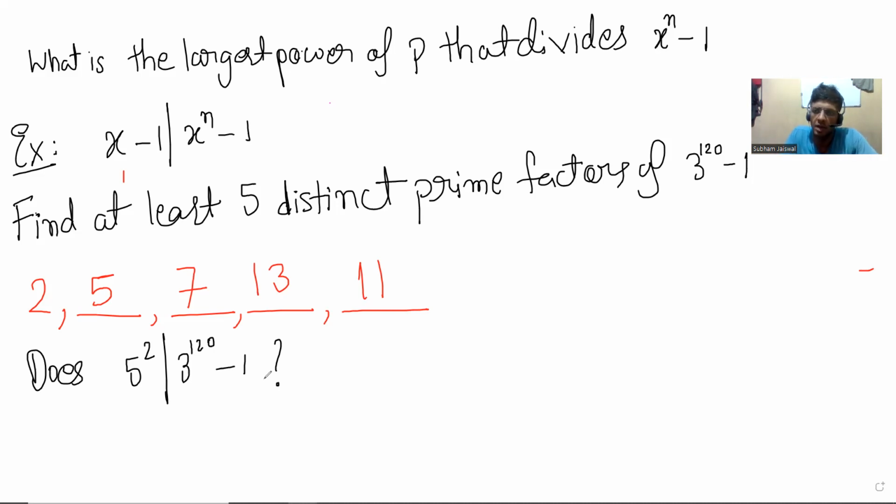So does 5 square divide 3 to the 120 minus 1? No. Okay. Why?